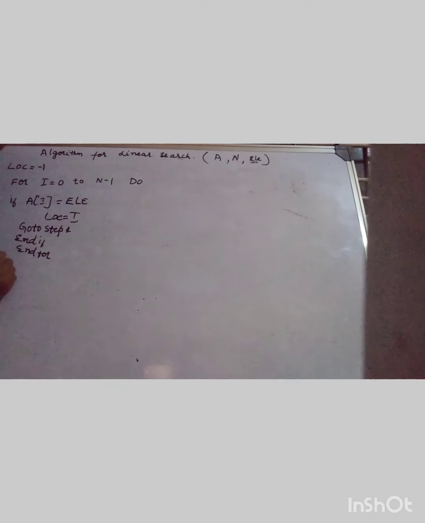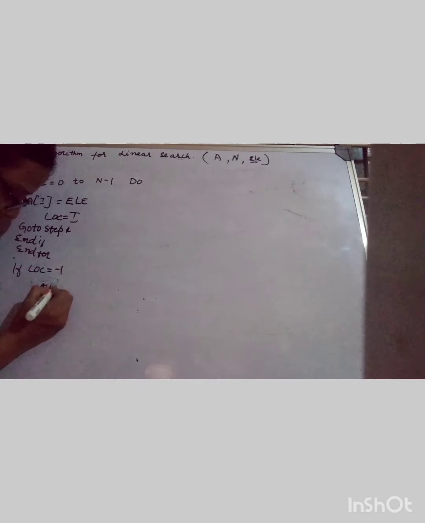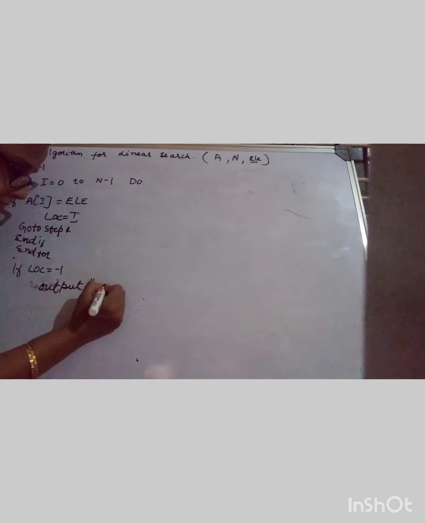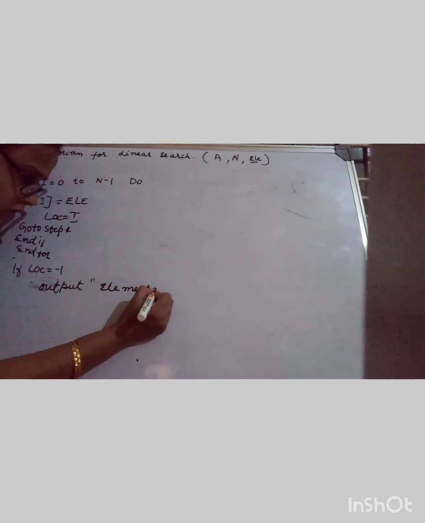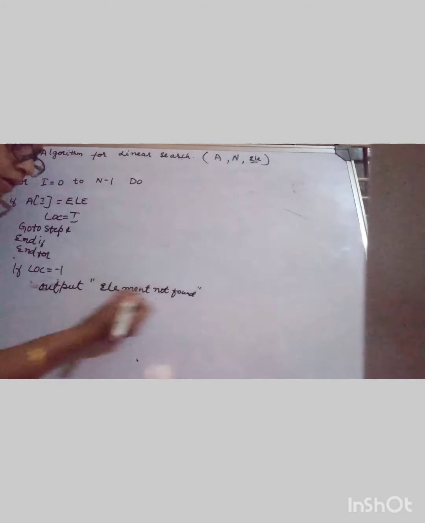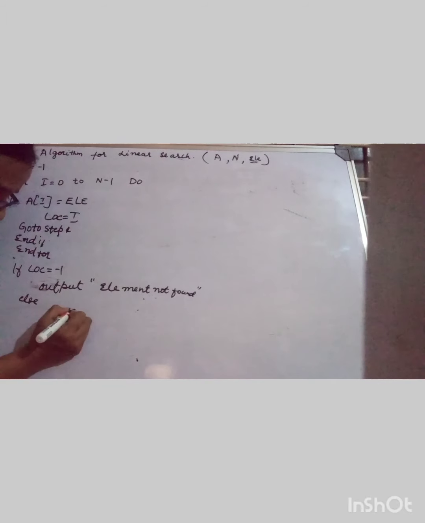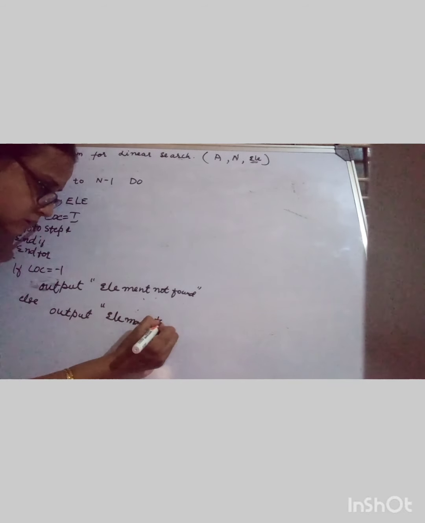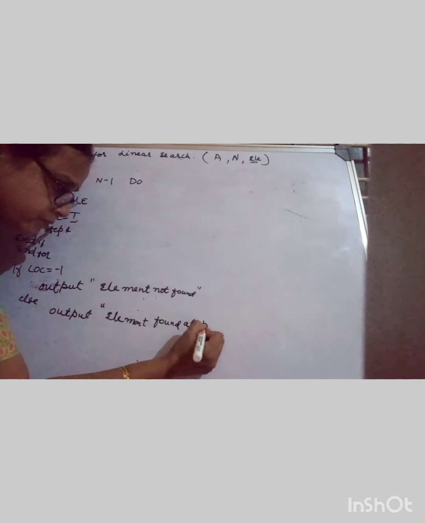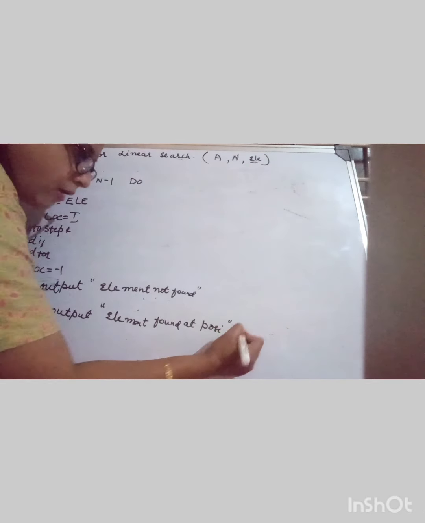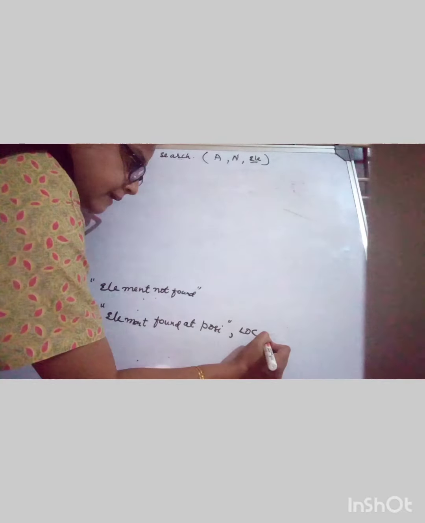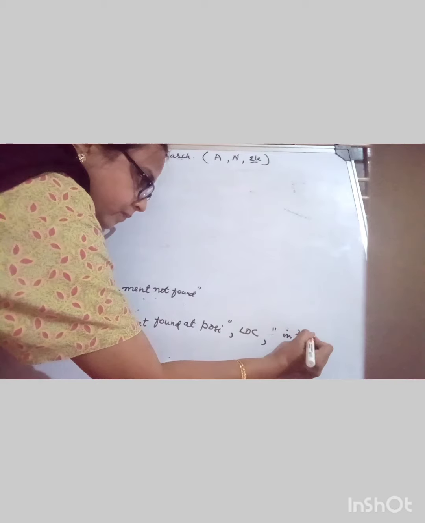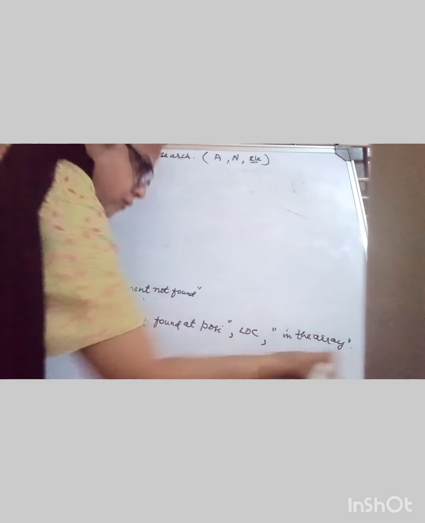For the fourth point, if location is equal to -1, output element not found, else output element found at the position, and then we have to write the location where it has been found in the array. That's all for this.